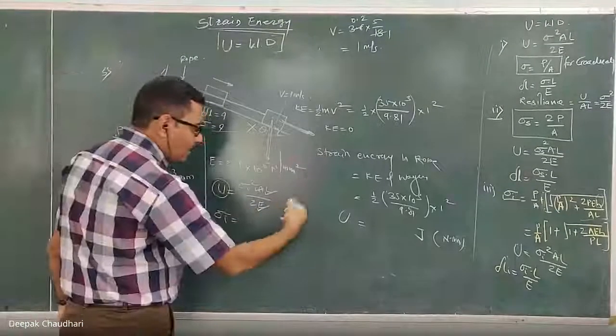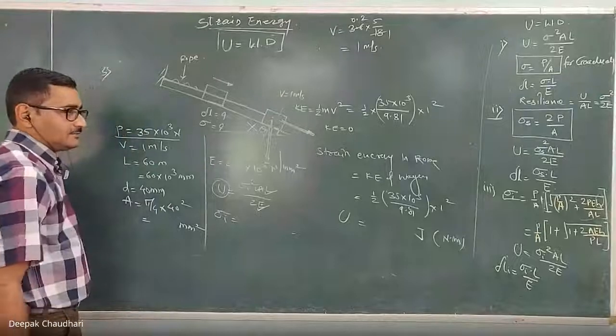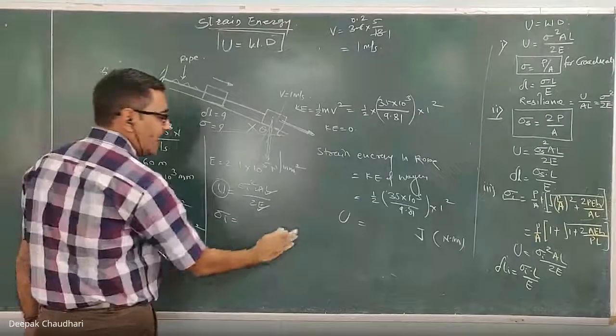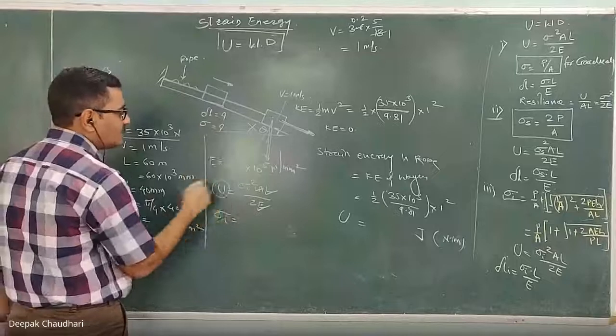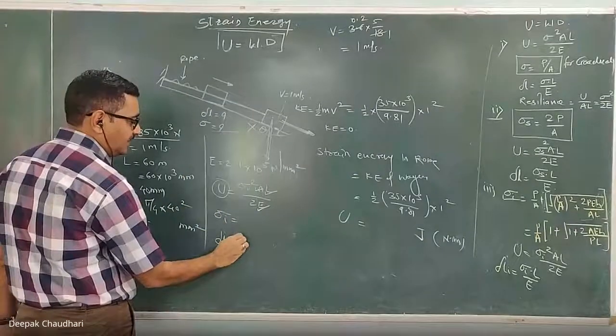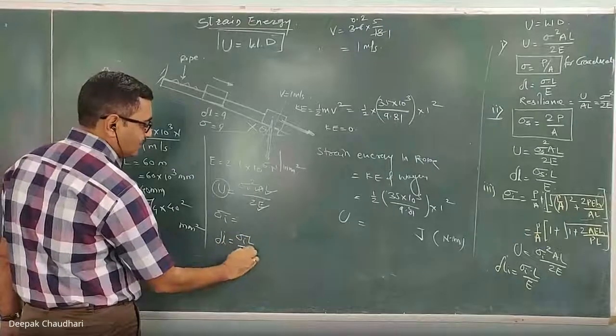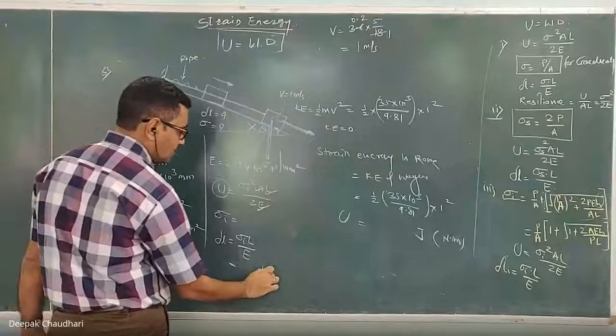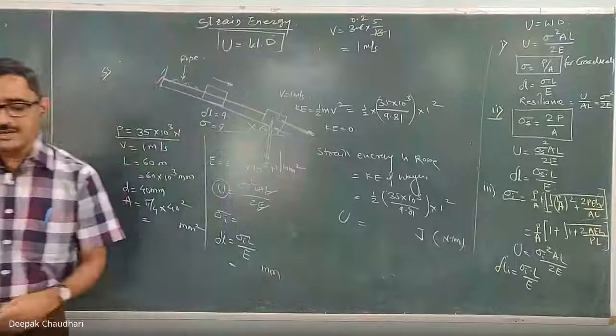Just put the proper units, convert the units properly. Once you get the instantaneous stress, the instantaneous deformation can be written as sigma I into L upon E. Everything is known to you. Substitute that, and you will get the instantaneous deformation of the rope.